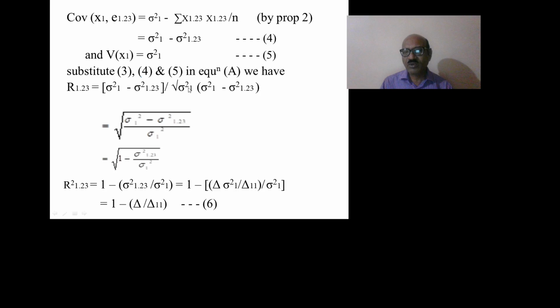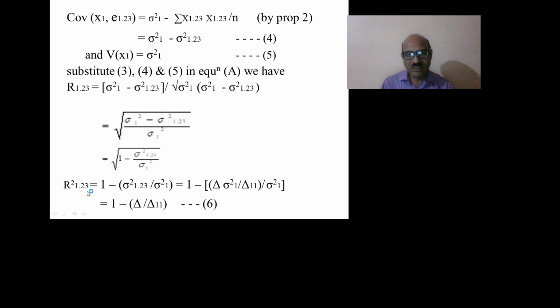Now I will divide sigma 1 into both the terms separately. So this will give 1, and this division will give sigma 1.23 square by sigma 1 square. That is the expression. Now I will square on both sides. Therefore R1.23 square will be, without root, this expression.